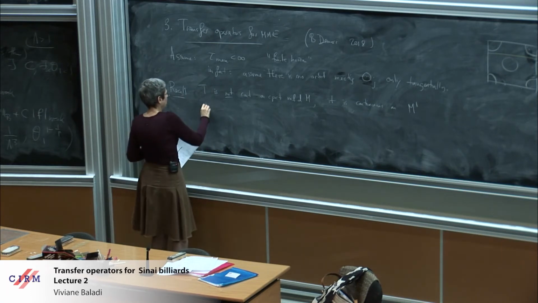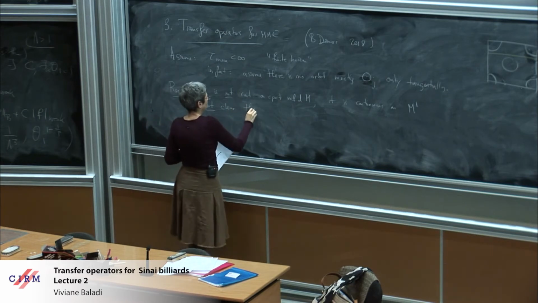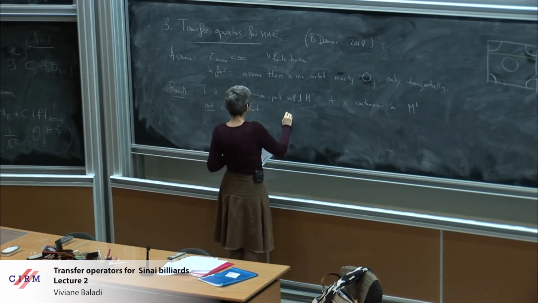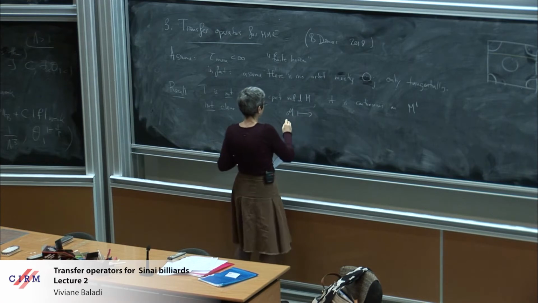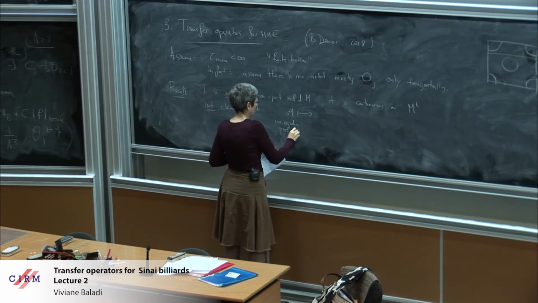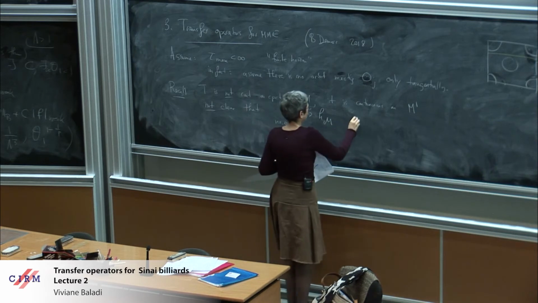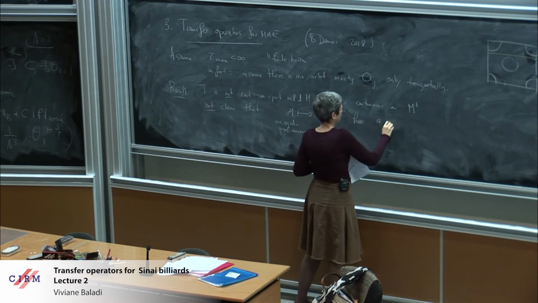And so it's not clear a priori that the map sending an invariant ergodic probability measure to its Kolmogorov entropy has a maximum.